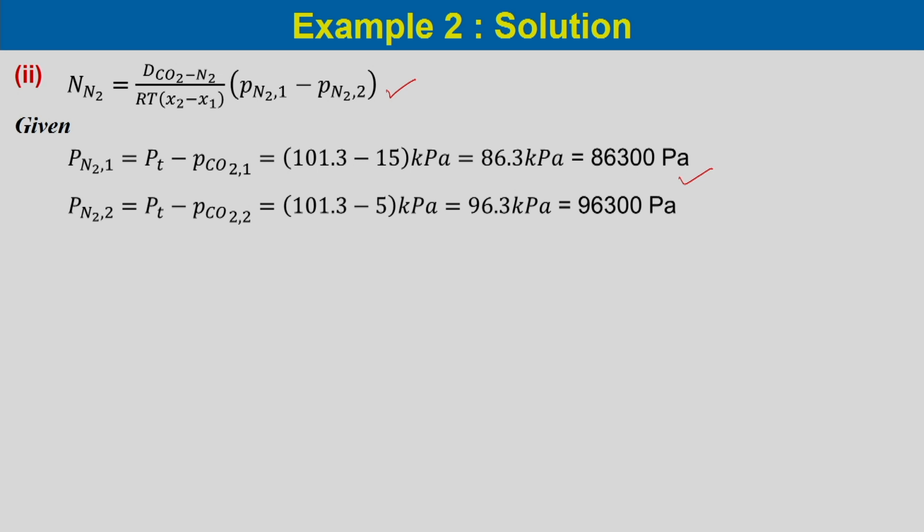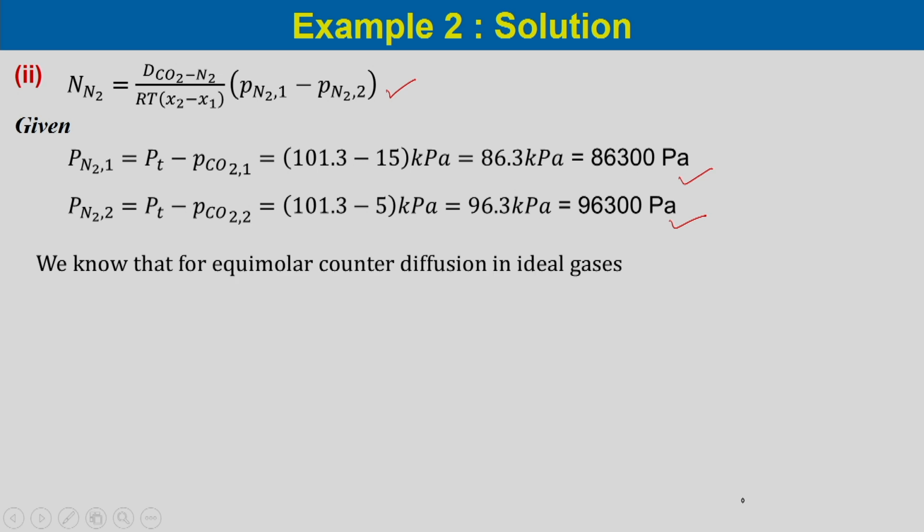P_N2 at 2 is equal to Pt minus P_CO2 at 2, which is equal to 101.3 minus 5 kilopascal, which is equal to 96.3 kilopascal, which is equal to 96,300 pascal. So, P_N2 at 1 and P_N2 at 2 are known.